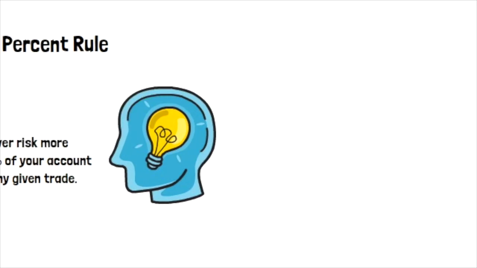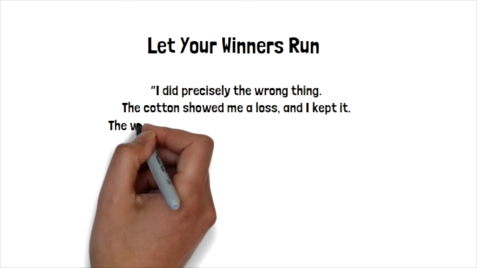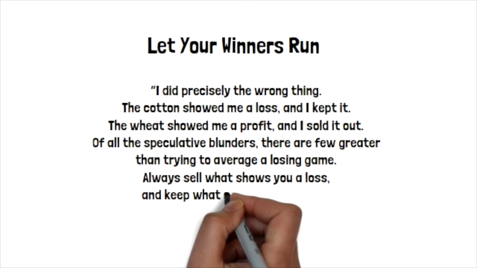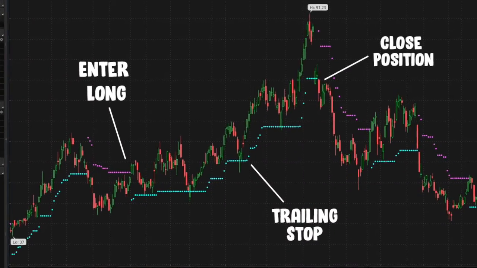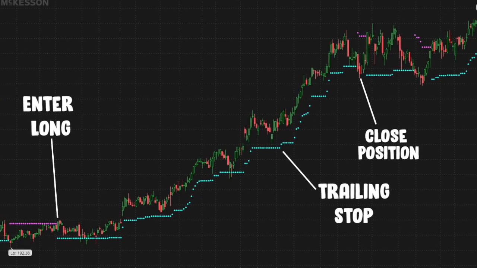Because he was entering on a random basis, he decided to use 3 times the average true range to determine where to place his stop. In addition, Basso built his system around letting his winners run. He would trail his position with a stop loss that would lock in gains when the trend was over. While his trailing stop would never allow him to sell at the top, it would allow the position the room it needed to move higher while the trend was still in effect.